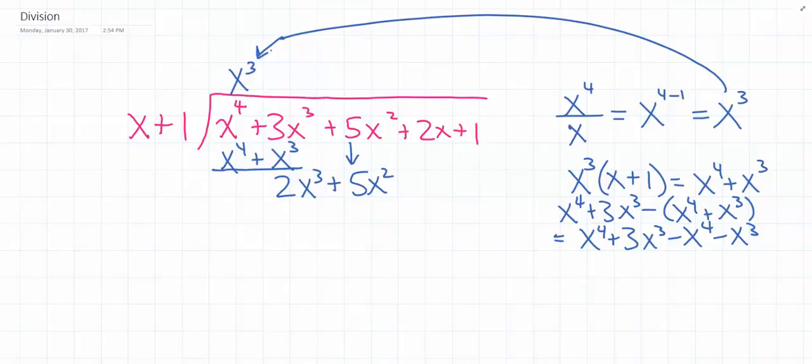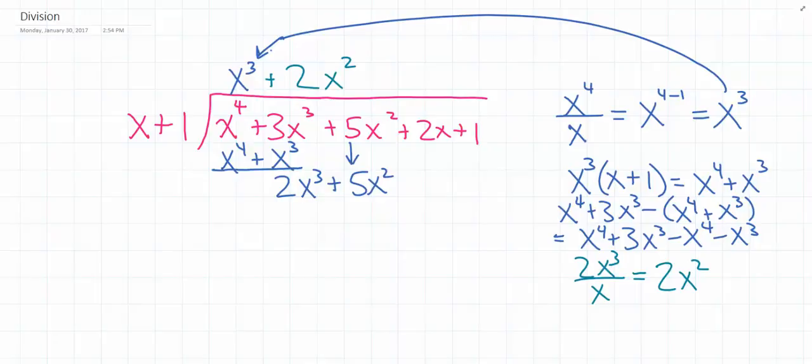Now we're going to take the 2x cubed and divide it by x. Always we're dividing this first term by the first term here. So that's the process always. So let's see what we get now. Here's what we get, 2x squared. And I put that here, 2x squared.